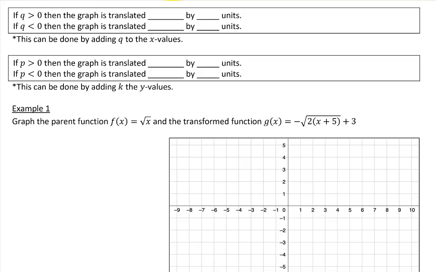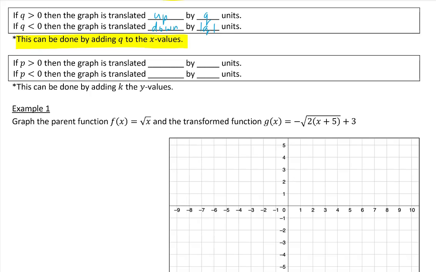Next is our q value. If q is positive, then the graph is translated up by q units. And if q is negative, then the graph is translated down by the magnitude of q units. Again, we'll look at this note later.